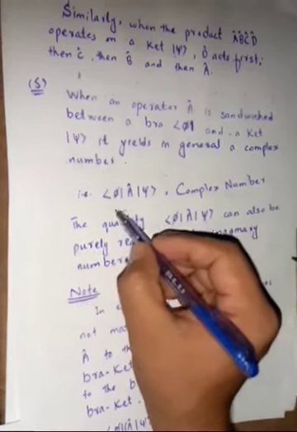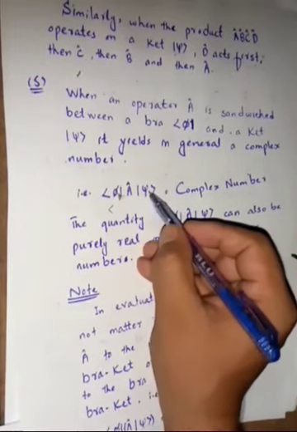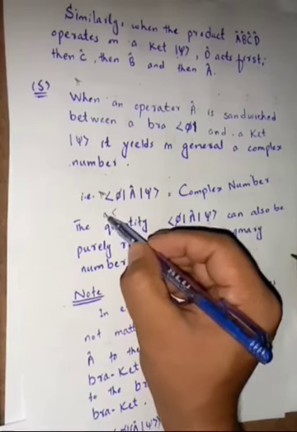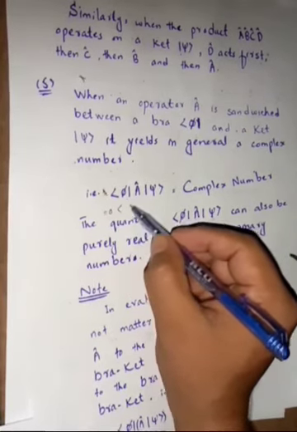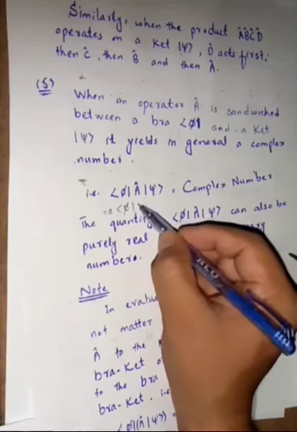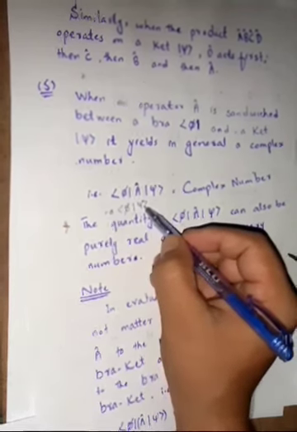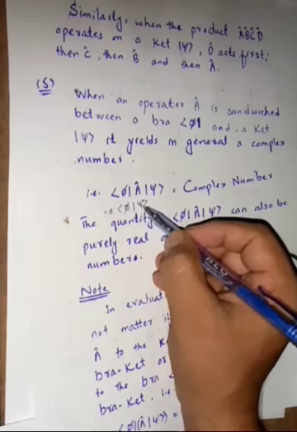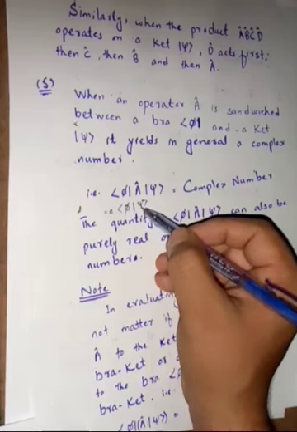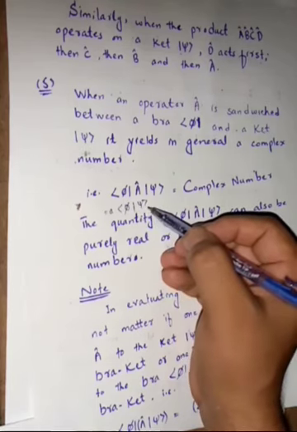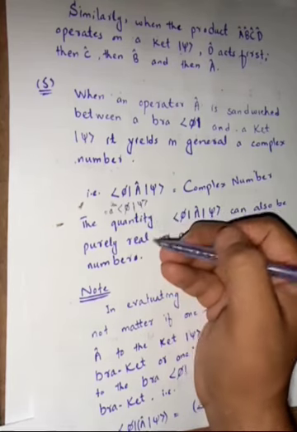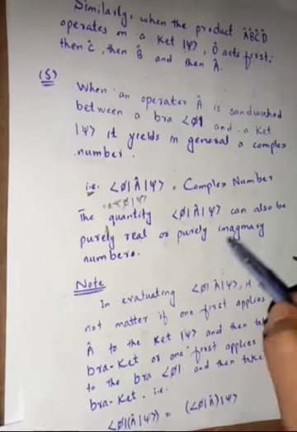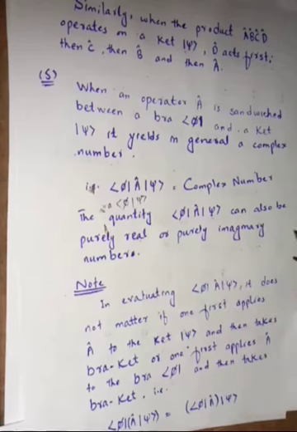So if we operate A on psi, for example, it gives A psi, then we bring A out of this scalar product and we are left with the scalar product of phi and psi. As these two are complex, their product will give a complex number, but not always. In some cases it may be purely real or purely imaginary.